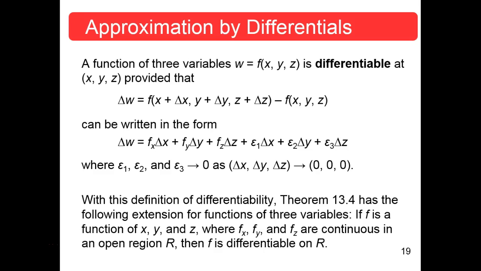Do those deltas have to go to 0 all at the same time? Not at the same rate, if that's what you're saying, but certainly as the points get closer together, those delta z's are getting closer to 0. It could be that one of them is getting there faster than the other two, but they all have to be approaching 0.